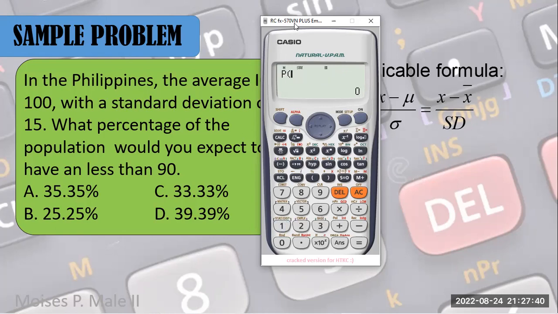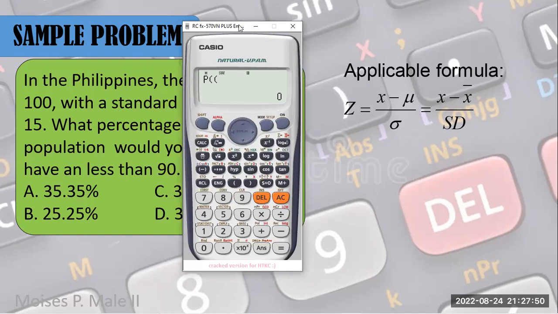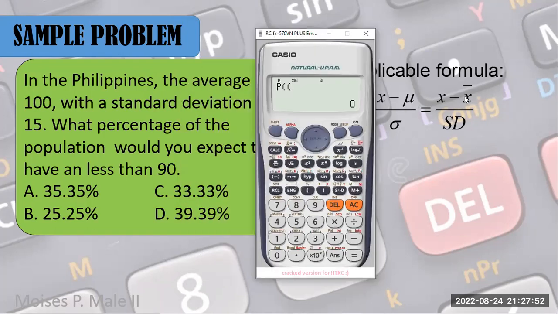So 1. So what you're going to do, input nyo yung z-score. So which is this one. Okay? So like this. So unahin nyo yung subtraction. So x minus x bar. So x 90 minus x bar na 100 divided by 15 yung SD. Okay? Then equals, you have 0.25249, or in percentage that is 25.25%.